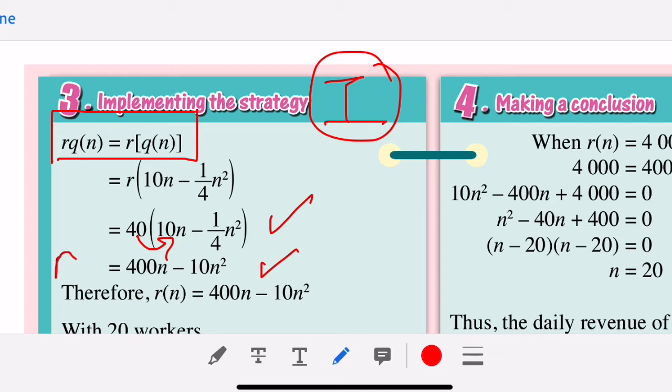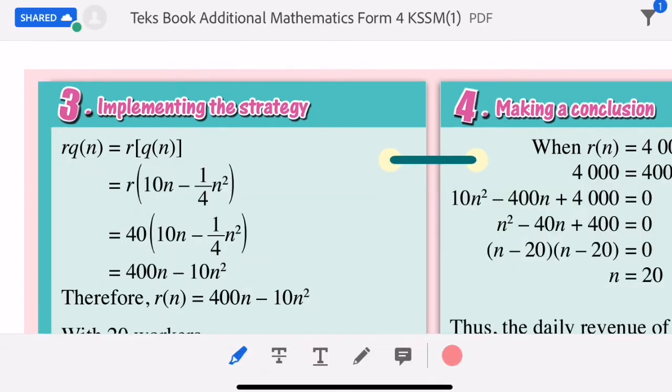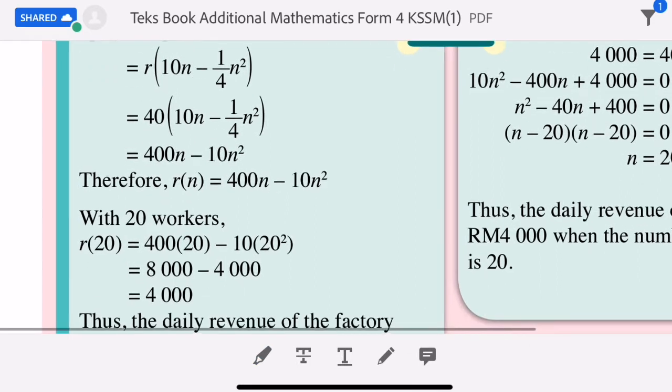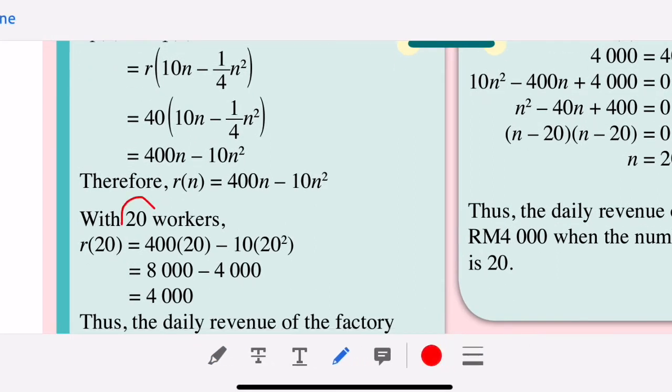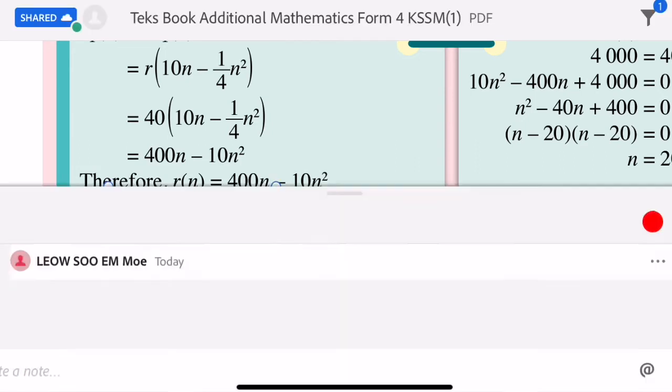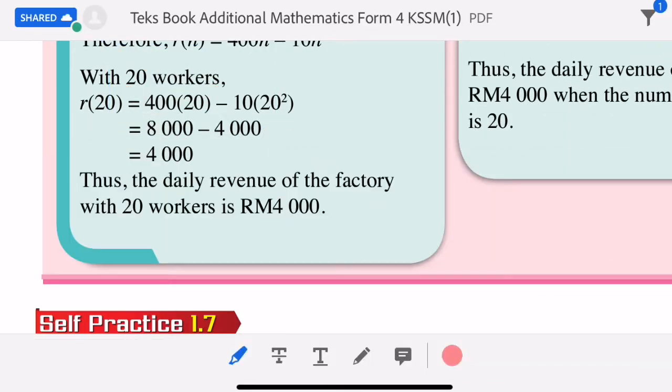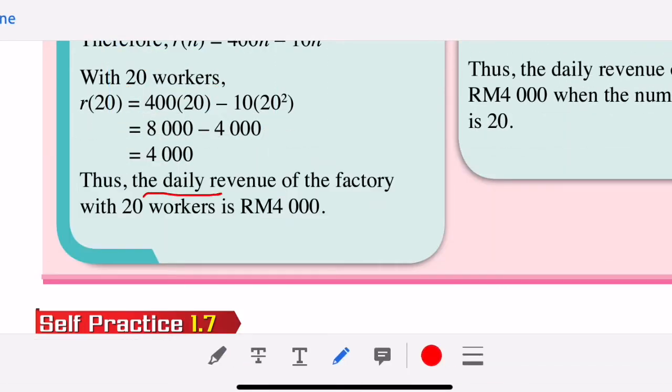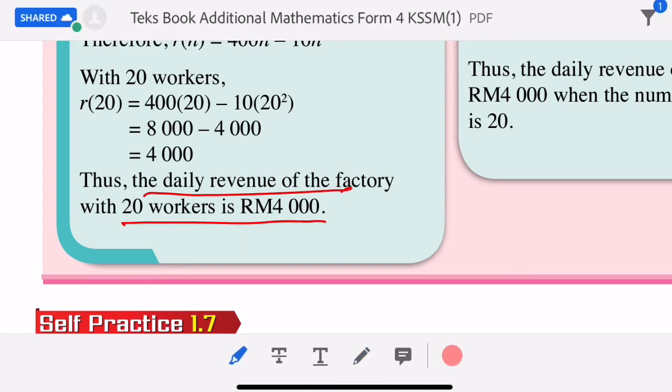This is the composite function of RQ(n). After you get it, you can substitute n, which is the number of workers, 20. If you substitute, you get the answer, which is 4,000. So the daily revenue of the factory with 20 workers is 4,000.